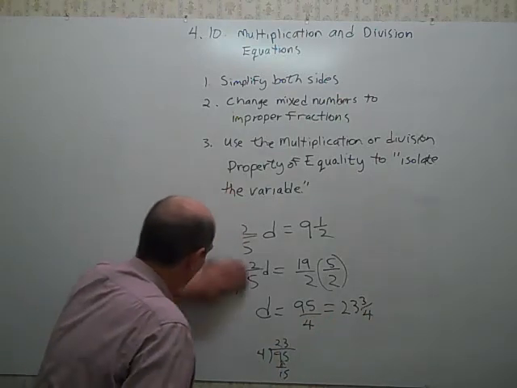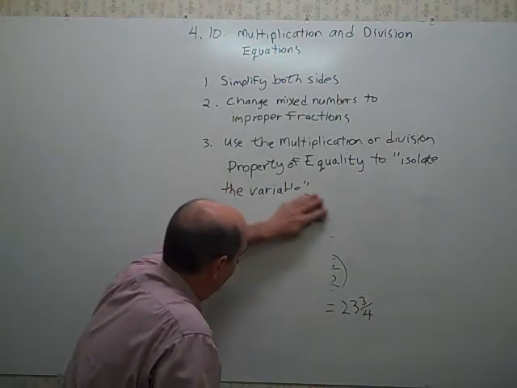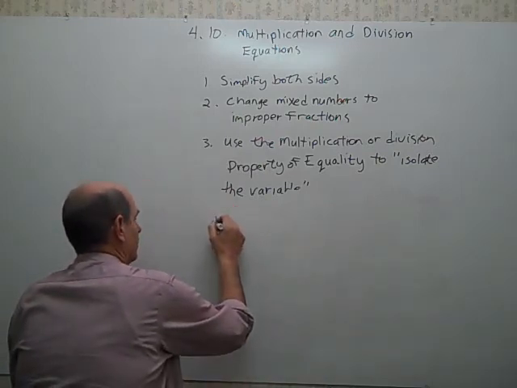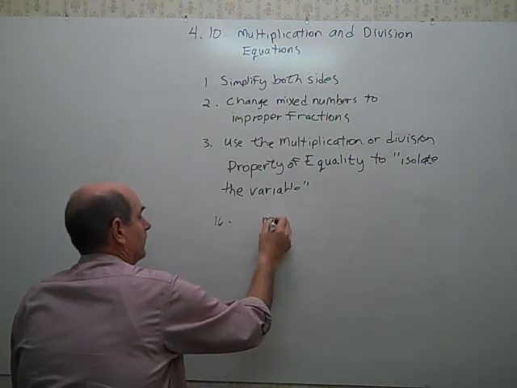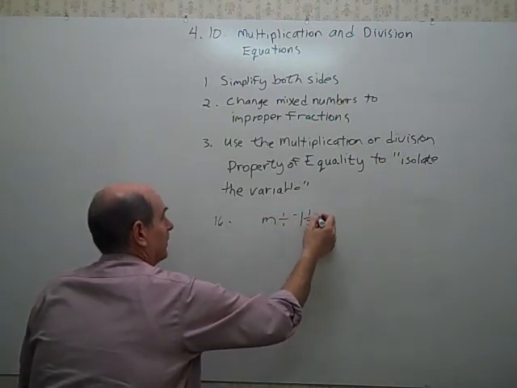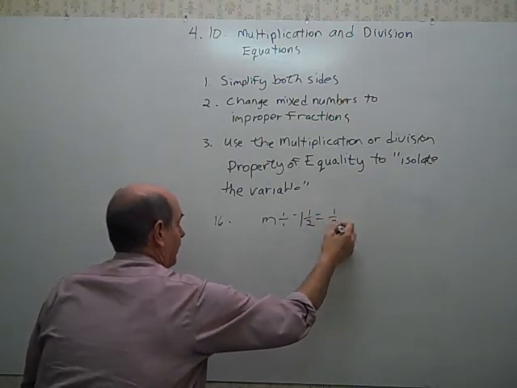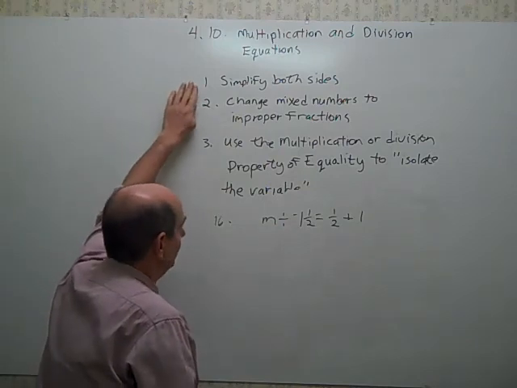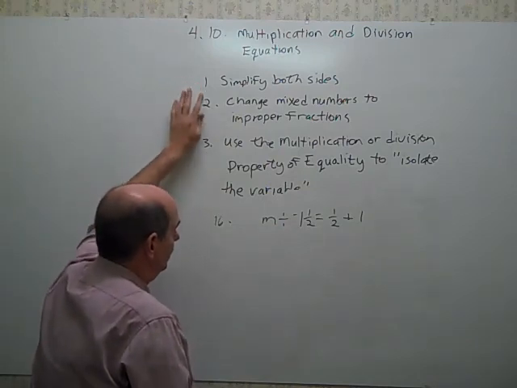Now I'm going to do one of the more complicated problems on page 99, number 16, which is m divided by negative 1.5 equals 1/2 plus 1. So I'm going to go back up to my steps, simplify both sides.